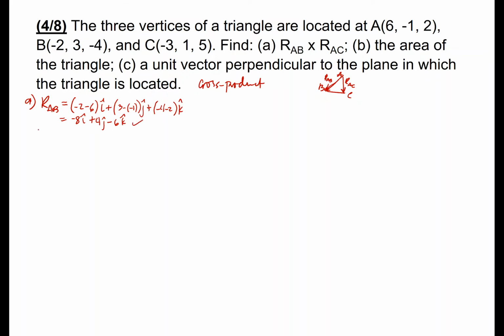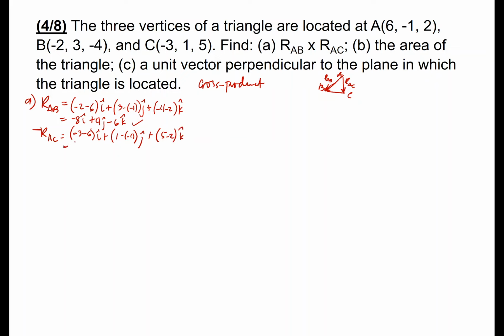Then you have RAC. RAC is the same pattern, so you have negative 3 from your point C and along X, then minus 6. This is your I, plus 1 minus negative 1, that's your J, plus 5 minus 2, that is along the Z axis.